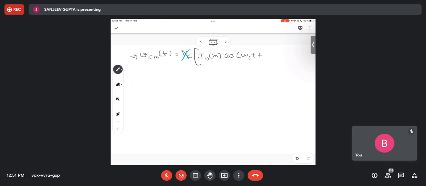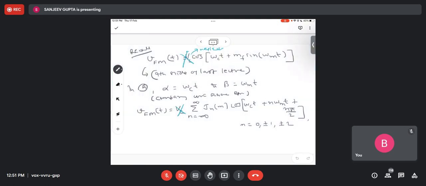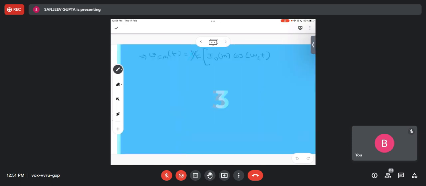If you see in the previous slide, I am now expanding this equation, which is the solution of my above equation using the Bessel function. If I take n equal to 0, this first term becomes J0 M cos omega ct. N omega m will become 0, n pi by 2 will become 0. So I got J0 M cos omega ct, and that is my first term.